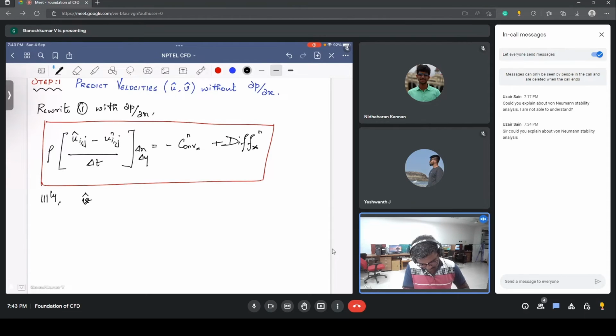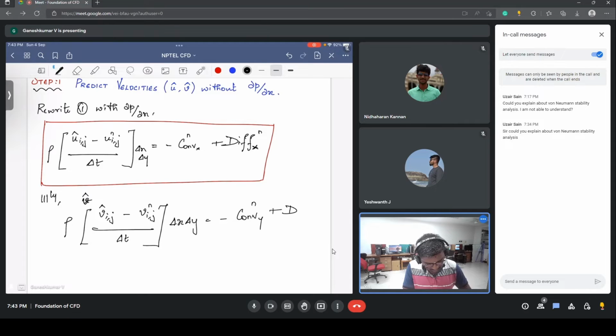So let me write that also. It will be v cap I comma j minus v at n I comma j divided by delta t times delta x delta y is equal to minus convection y and diffusion y.